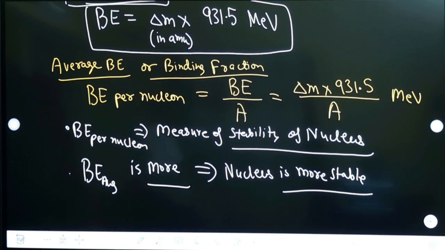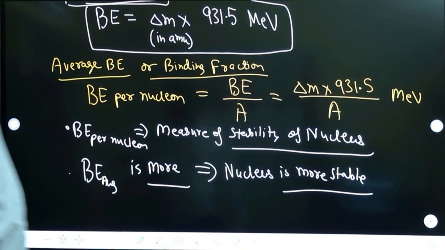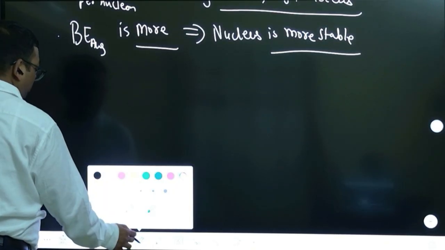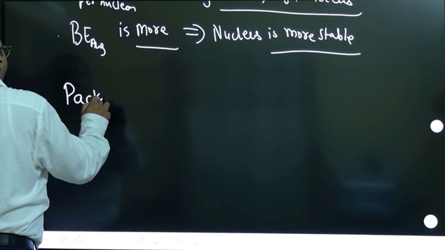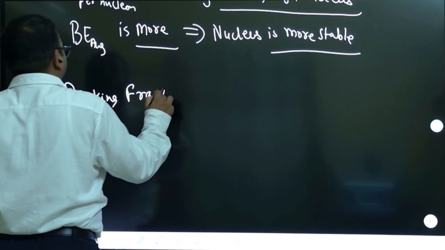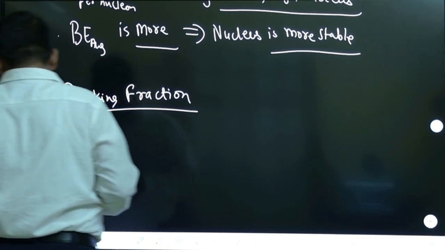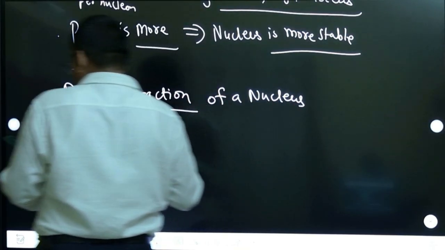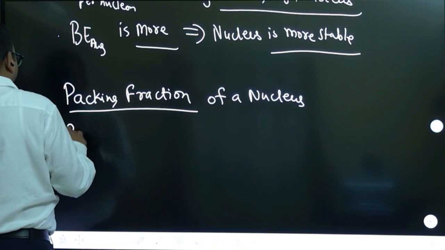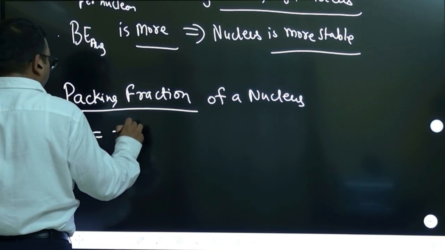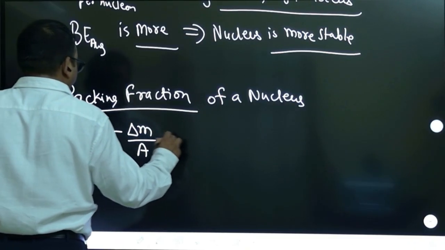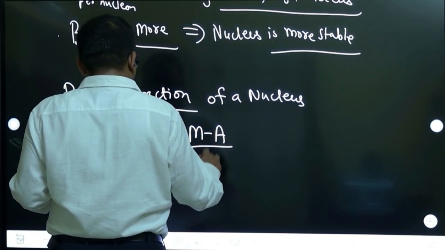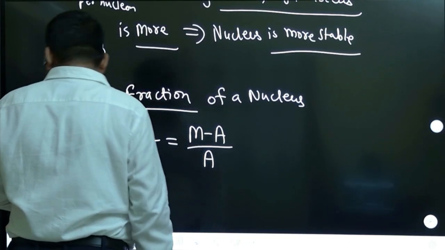Now there is an important term called packing fraction. Let us also discuss that. What is the packing fraction of a nucleus? The packing fraction is defined as minus delta m by A, which is (M minus A) by A. What is M here?